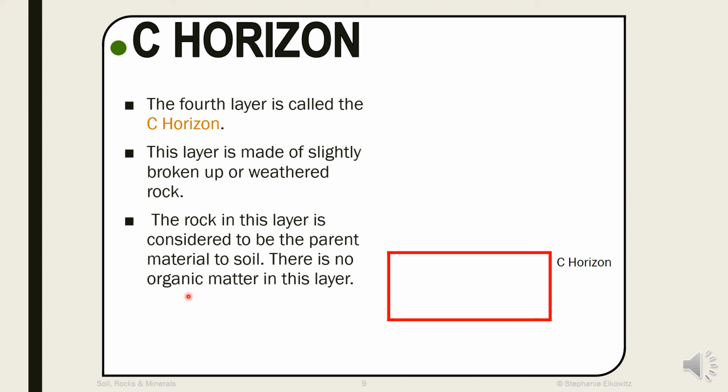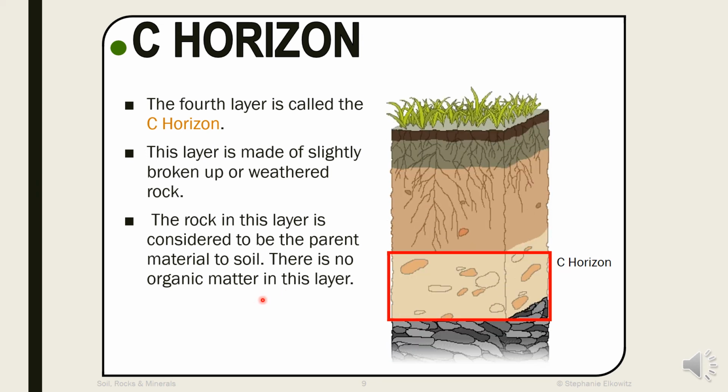Parent material is the raw material by the breakdown of which soil is formed, and there is no organic matter in this layer. Here you have a picture. In this picture you can see slightly broken rock particles, and this layer is deprived of organic matter. Not any sort of organic matter is present in the C layer.